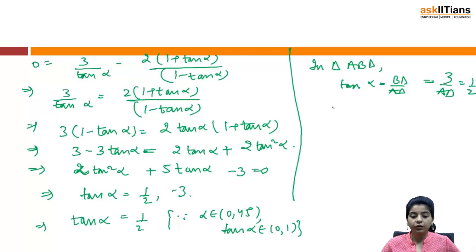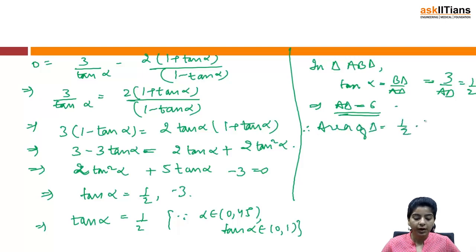We have obtained tan alpha to be half, which implies AD is 6. Therefore the area of the triangle is half base into height, that means half into 5 into 6, that means 15 units. So this was the required area of the triangle.